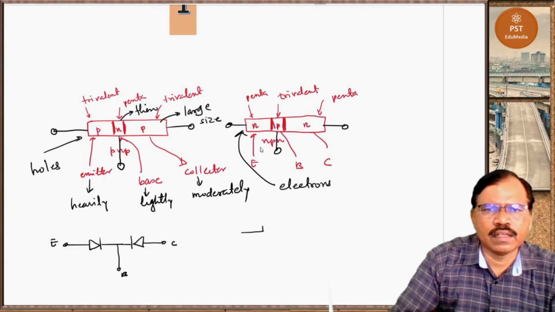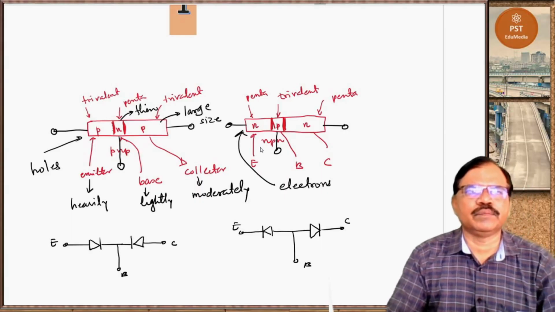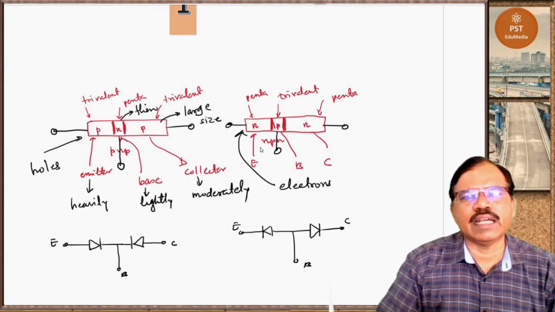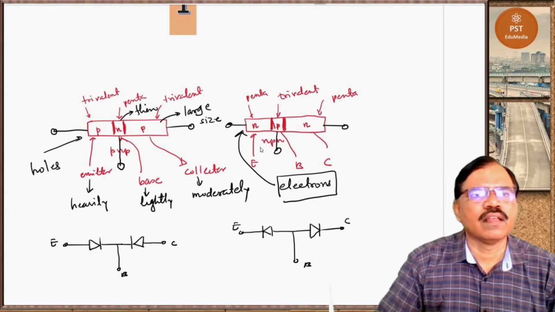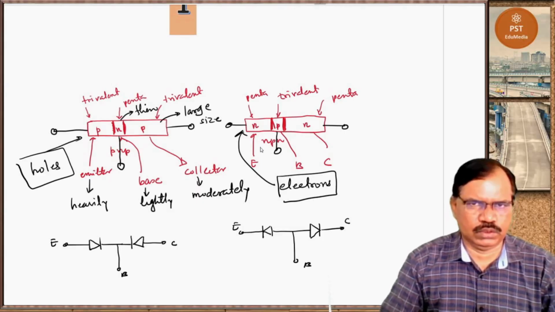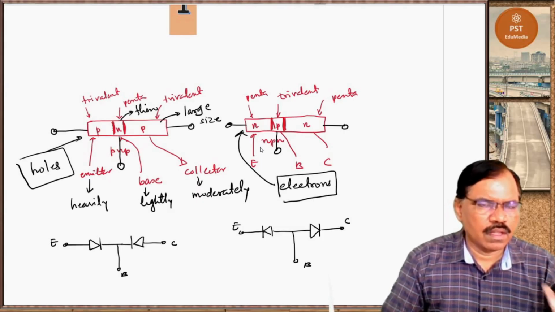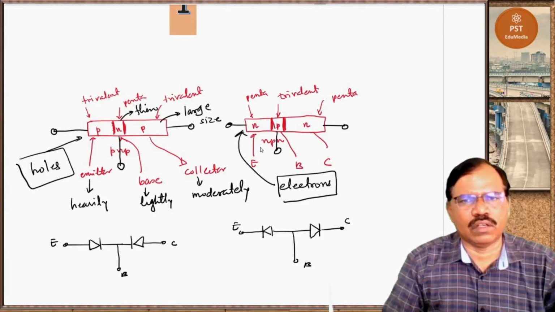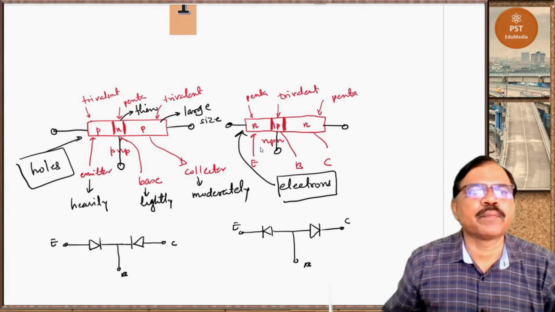Here the equivalent circuit is like this. Emitter, base, collector. So in NPN transistors, majority charge carriers are electrons, and here majority charge carriers are holes. Emitter emits charge carriers, either holes or electrons, depending on the doping.